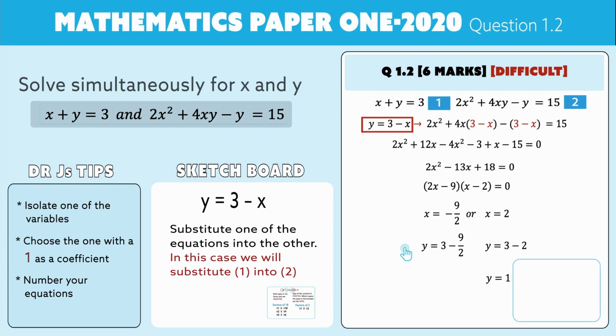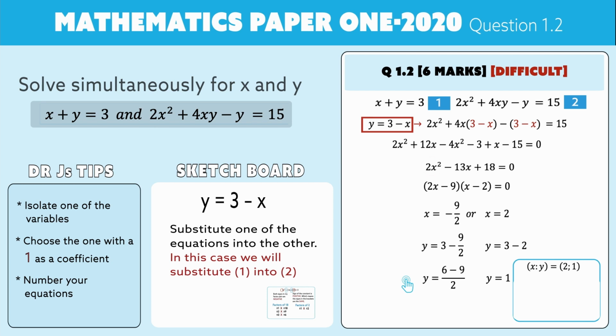So the first xy solution is going to be 2 and 1. Okay, the second one, I need an LCD of 2. So I've got to multiply this 3 with a 2, which is 6, minus the 9.